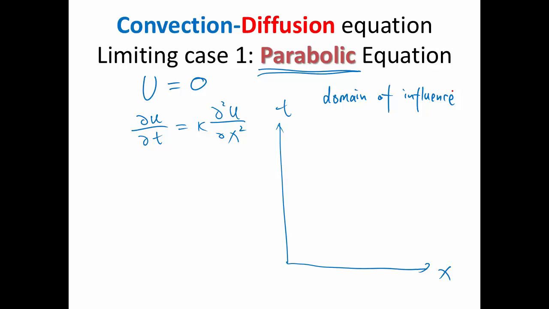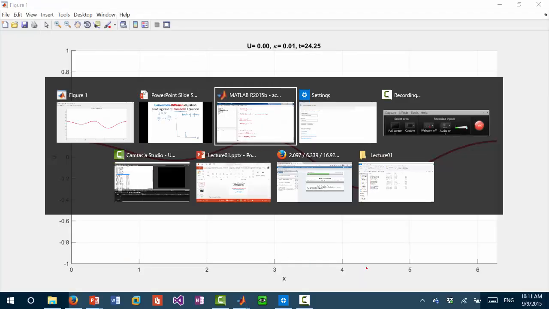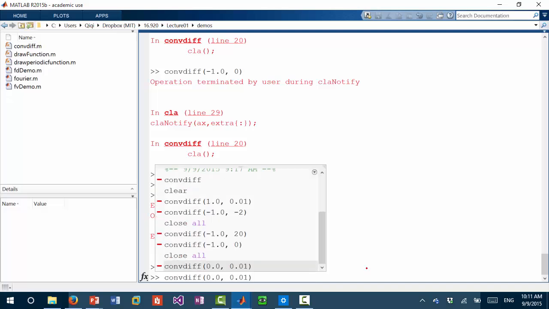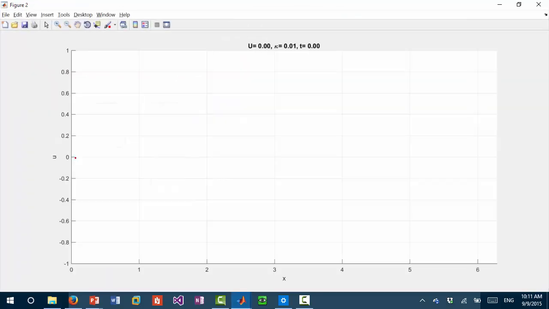The domain of influence means if at time equal to 0, if you change the solution at one point, so let's say you have, let me go back to MATLAB. If you change the solution at one point, which can be seen as if you make the solution equal to 0 except for one point, it's almost a delta function.